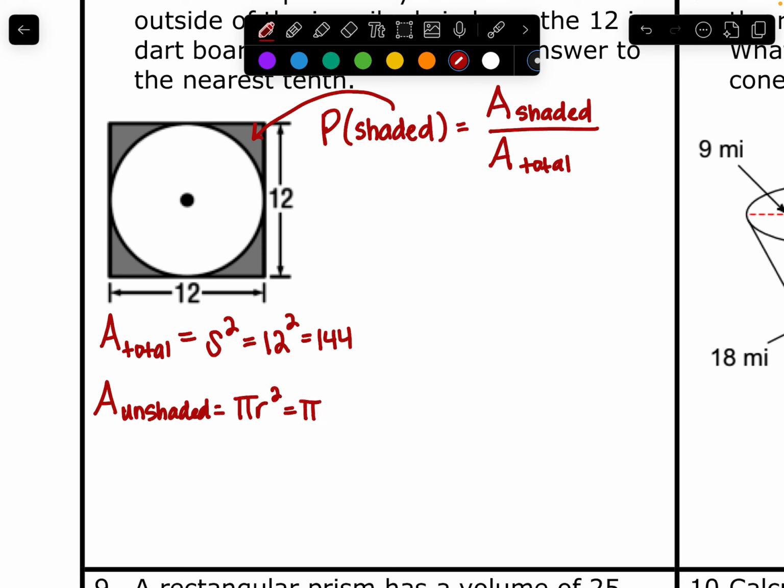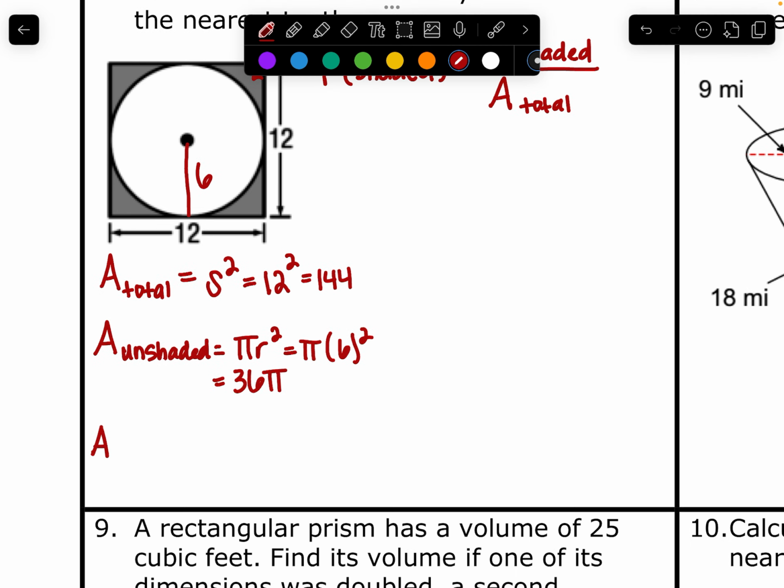Now the radius is going to be half of 12, so that's 6. So that's going to be 36 pi. The area of the shaded region is going to be the square area minus the circle area.